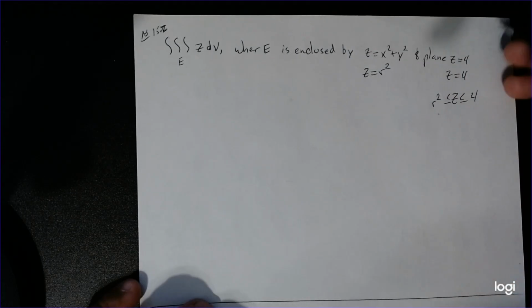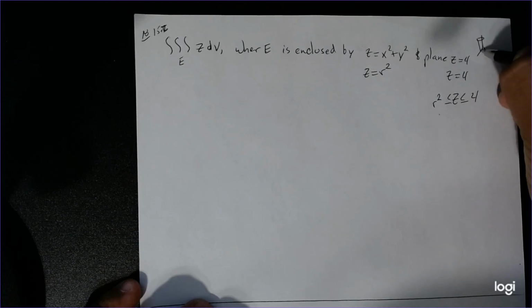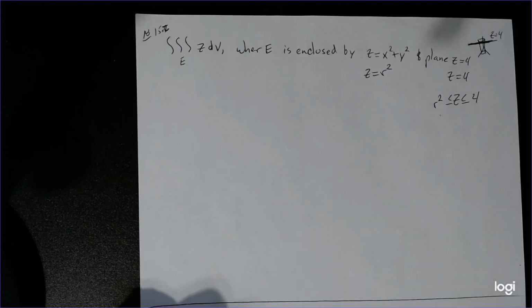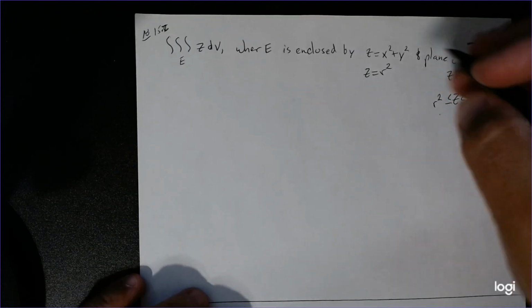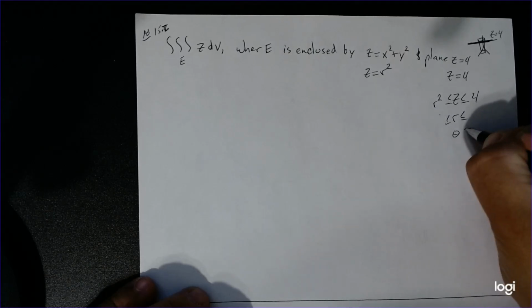Okay, so again, what is this kind of looking like? So we have about a can of Coke, and it's sliced exactly at z equaling 4. All right, so there's our radius. Oh, sorry, there's a z, so we've got our radius here and our theta.